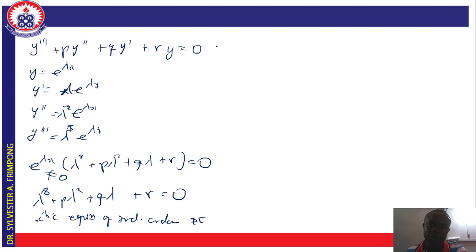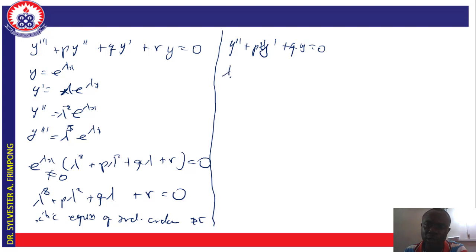differential equation. So if you look at the trend of what is happening, you realize that for the second order, y double prime plus p y prime plus q y equal to 0, the characteristic equation is lambda squared plus p lambda plus q equal to 0. And you can check that the order of the derivative goes to the degree of the polynomial.